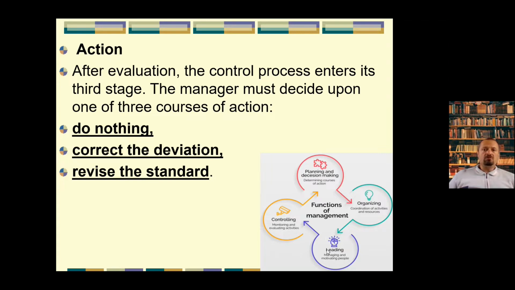So we have to change maybe something in the process of delegating. Maybe we have to use another organizational structure. Maybe we have to use another incentive, other rewards. Maybe we have to change the motivating system generally. So it means that we are correcting deviations.